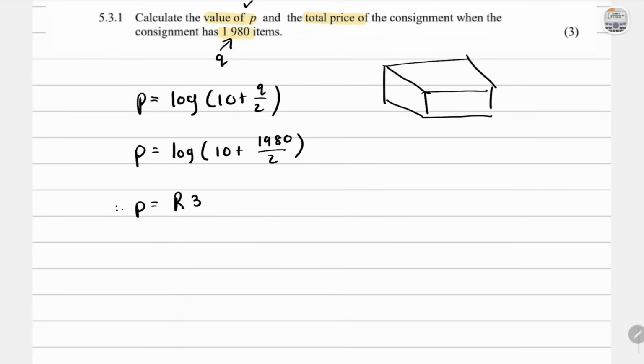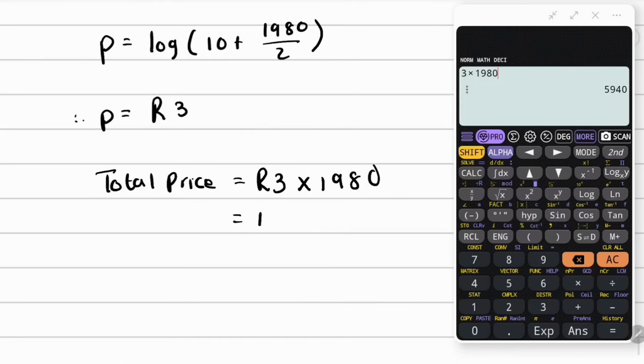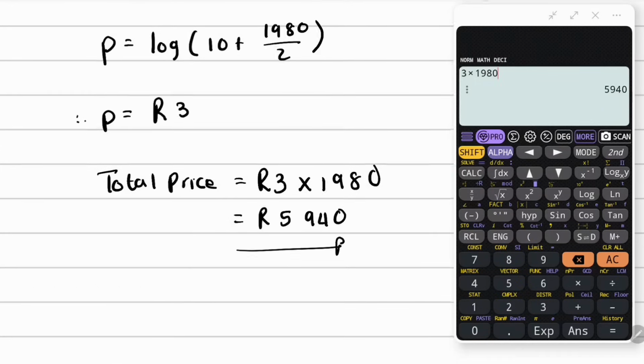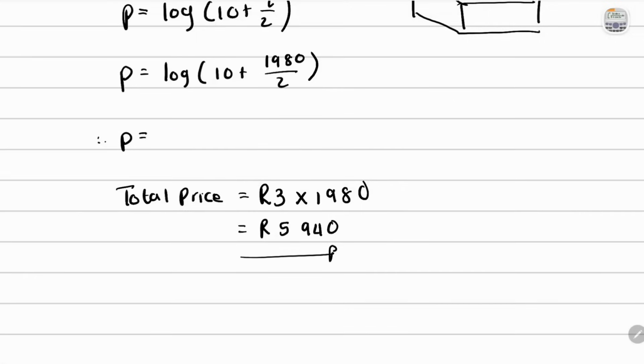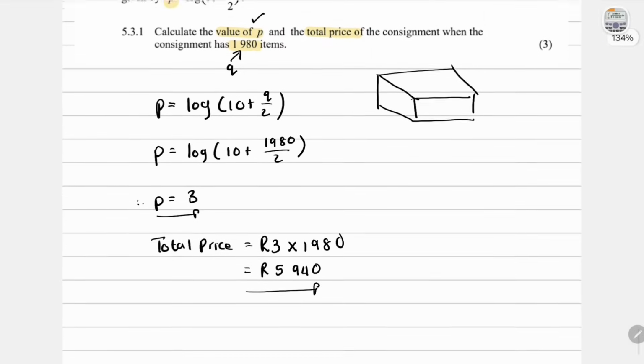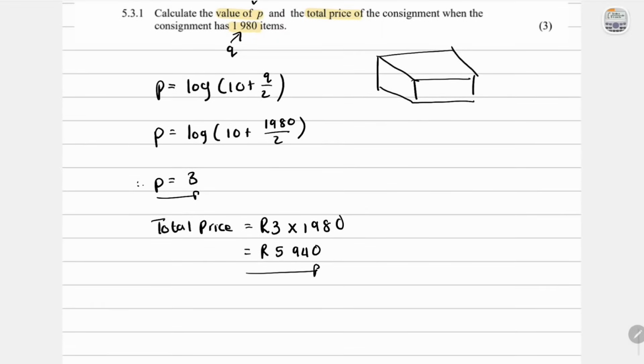So to find the total price, we will say the total price is equal to the price per unit, which is 3 Rand, multiplied by the total number of items that we have, which is 1,980, which is equal to 5,940 Rand. That is the total price, and that is the price per unit. Okay, so we can just leave it as 3 since they just want that value of P. And there we go. So those are the 2 things they asked for. Moving on to the next question.